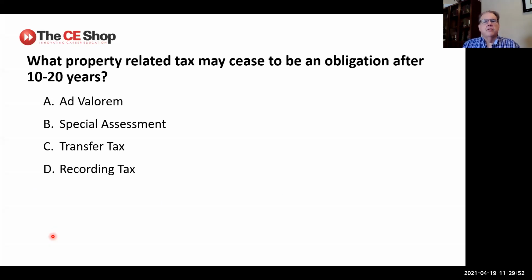What property-related tax may cease to be an obligation after 10 to 20 years? Would that be ad valorem, which means according to value? Is it a special assessment, transfer tax, or a recording tax?